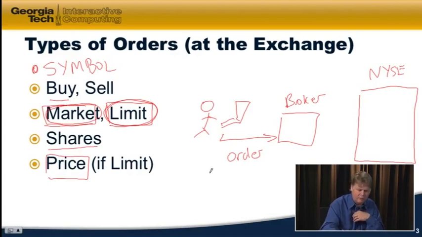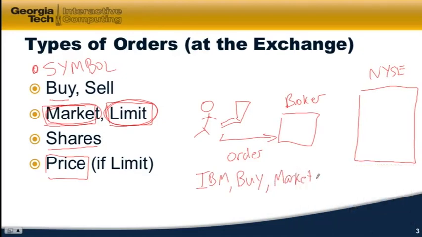So let's say you want to buy some IBM stock. Your order would say IBM, buy, let's say you're making a market order. You want to get 100 shares, and of course the price doesn't matter in the case of a market order.